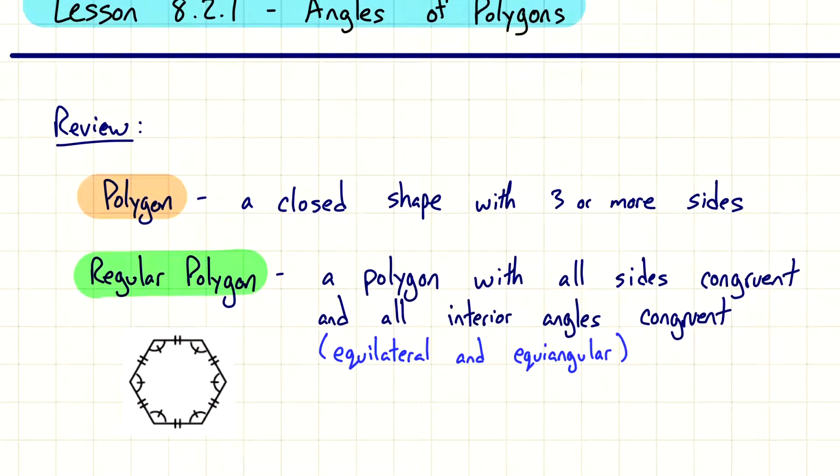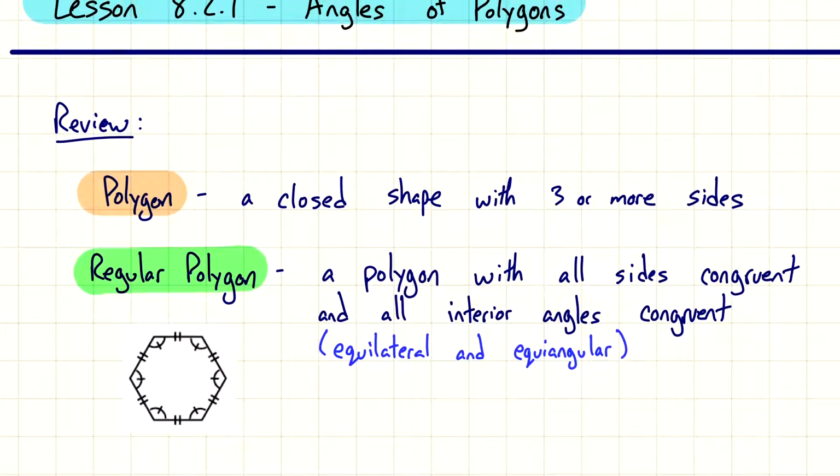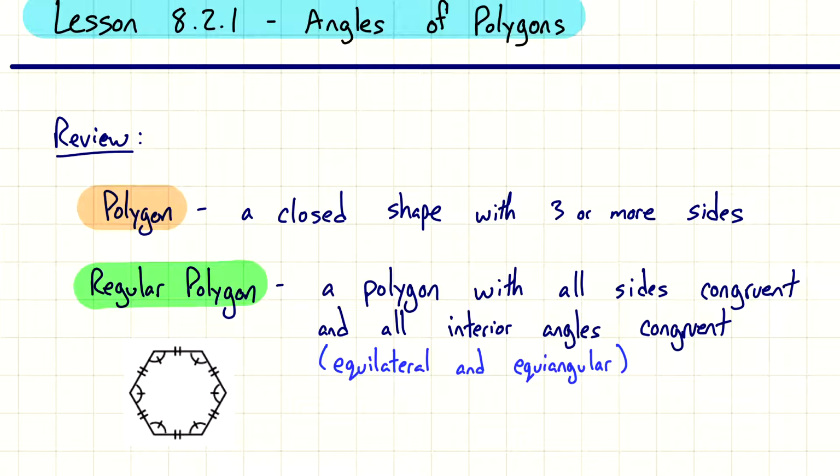Some definitions, some terms you need to know. We have this term polygon. A lot of times I ask students how many sides a polygon has, and the most common answer is 5 sides, because they're thinking of a pentagon, since it also starts with a P. But polygon, poly is a prefix that means many, and the ending gon actually means angles.